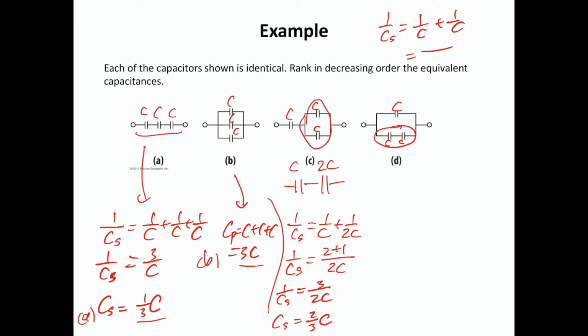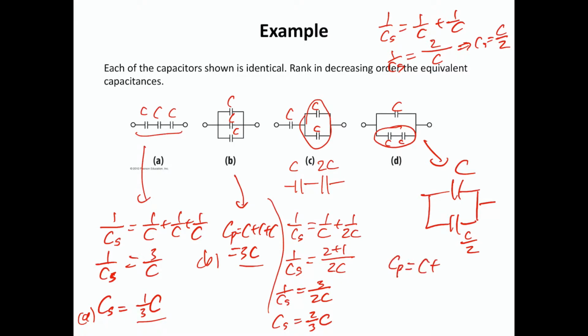If two, 1 over CS is 2 over C, so CS is C over 2. So it's a half. So this one here is C, and this one is half C. Now they are connected in parallel, so the parallel circuit is C plus C over 2. So you got 3 over 2C.